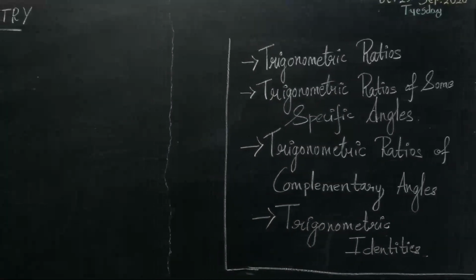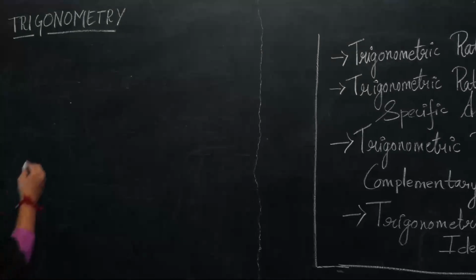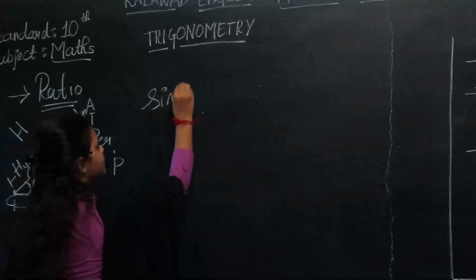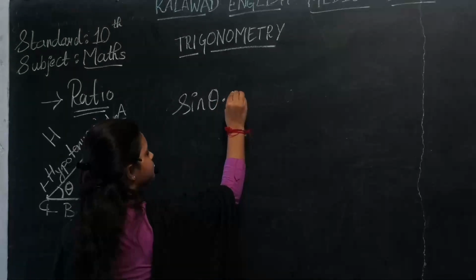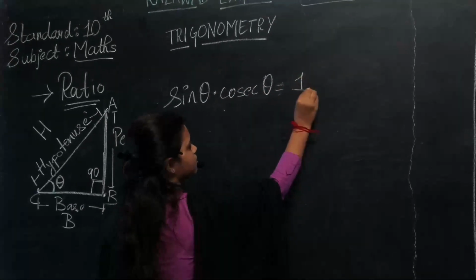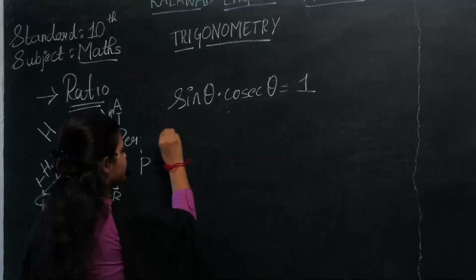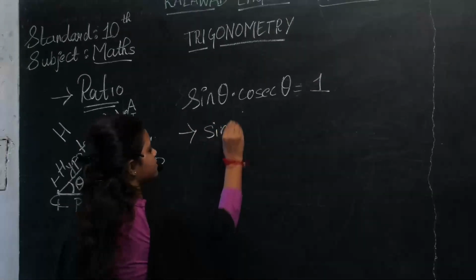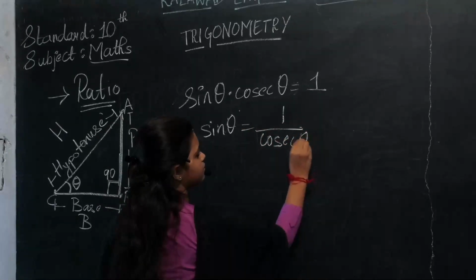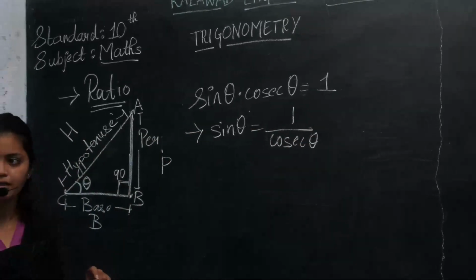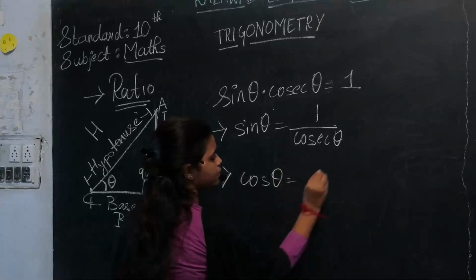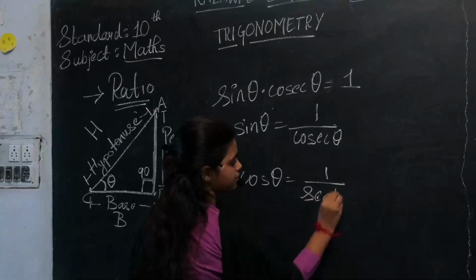Okay. Now we will find another identity, that is multiplication. See, we can write here sine theta multiplied by cosec theta equals 1. So the next step is sine theta equals 1 upon cosec theta. Clear? Right? Same way you can write cos theta equals 1 upon sec theta.